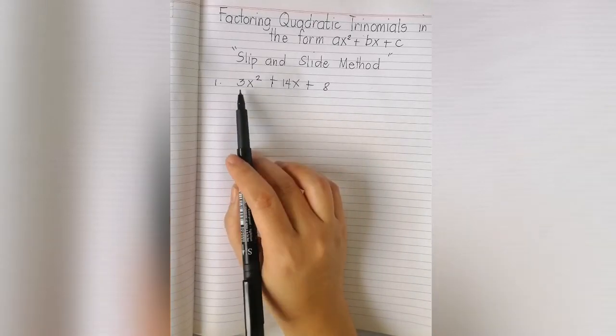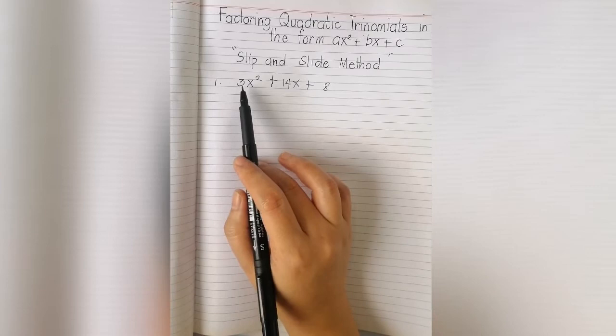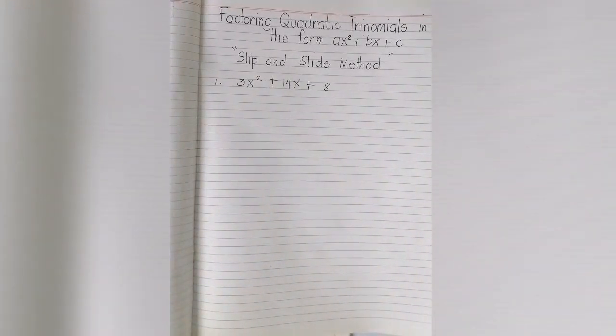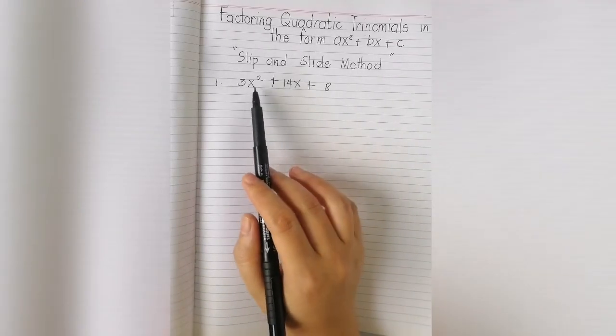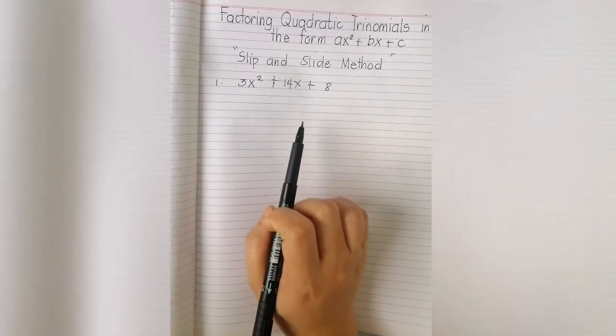So, ngayon, greater than 1 na. So, in this example, we have a leading coefficient of 3. So, paano natin gagawin yan? So, iba't iba yung method sa pag-factor ng quadratic trinomial nito. Pero ituturo ko sa inyo yung mas madali.